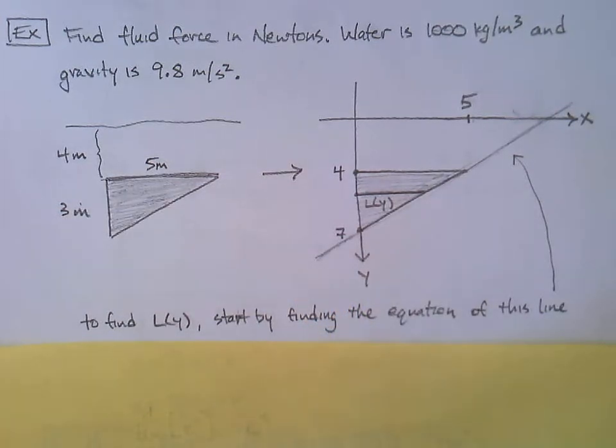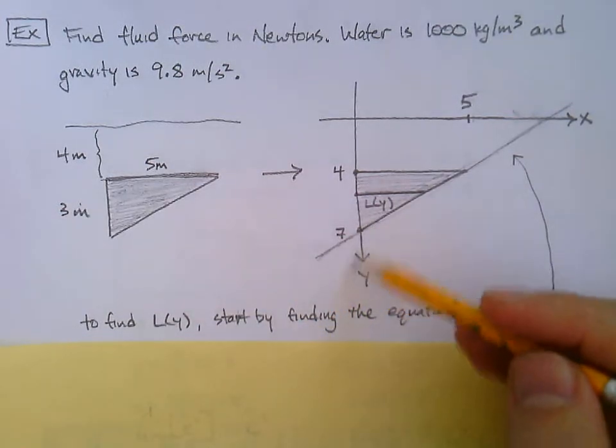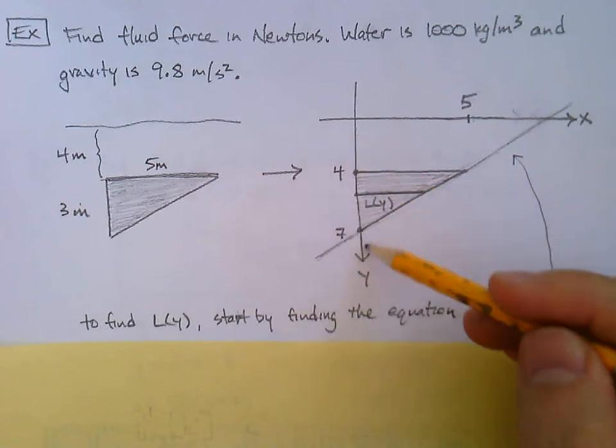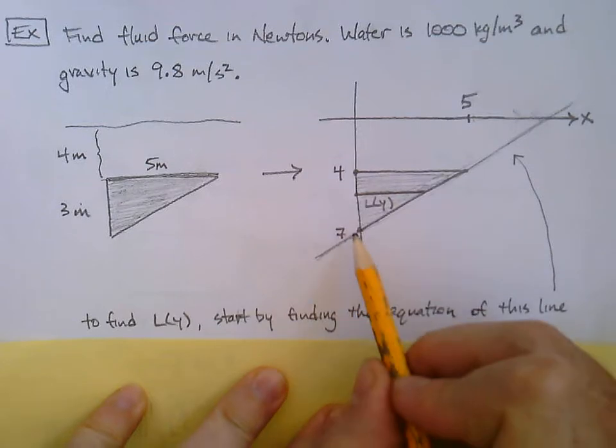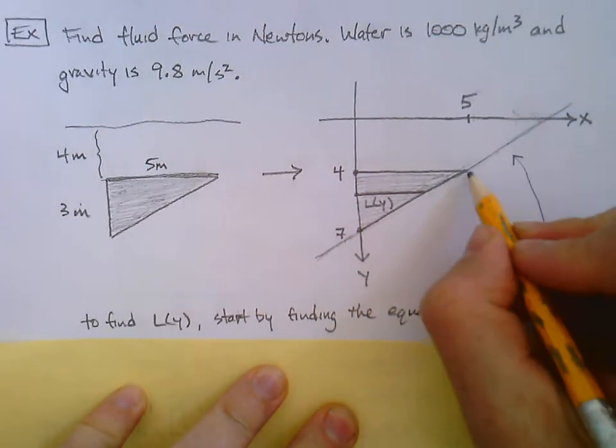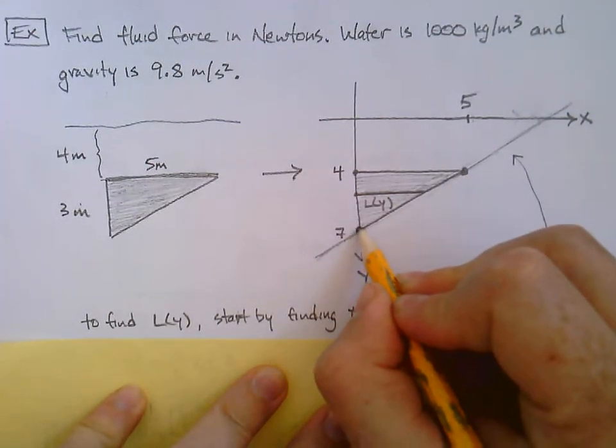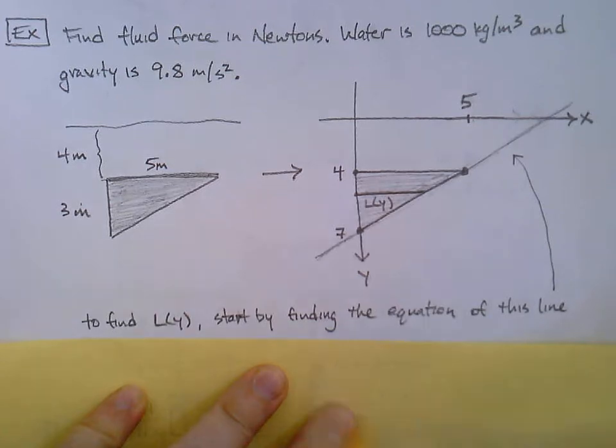And one thing to keep in mind here is your y-axis is now going positive this way. Okay, so when it comes to the slope of a line, we're just thinking rise over run, right? So maybe if you went from this point to this point, that makes sense, right?